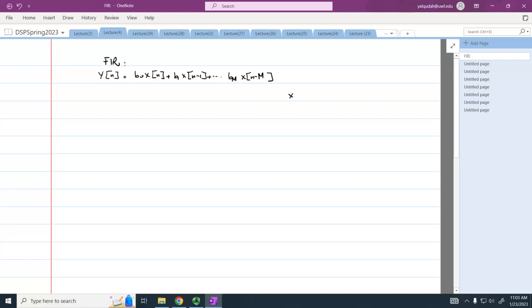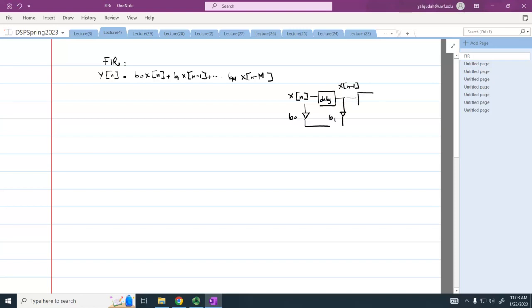So what we can do, we can say this is equal x of n. If I take x of n, multiply it by b0, and then I'm going to take x of n, I'm going to delay it. What do I get here? x of n minus 1. I'm going to multiply it by b1.